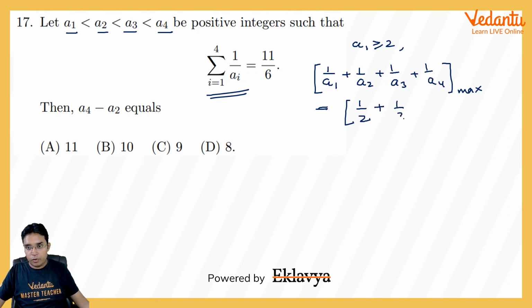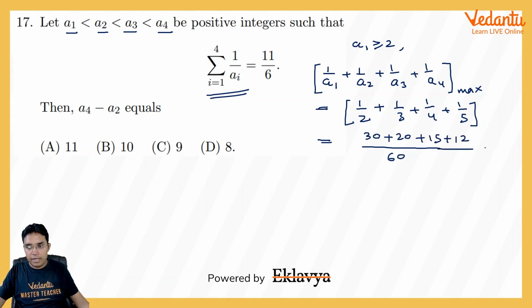Then this will be 1 upon 3, then 1 upon 4, then 1 upon 5. And if you add them, you will have to take the LCM, which will be 60. So here it is 30, this is 20, this is 15, and this is 12. So you will be getting 30 plus 20 plus 15 plus 12, that is 77 upon 60.